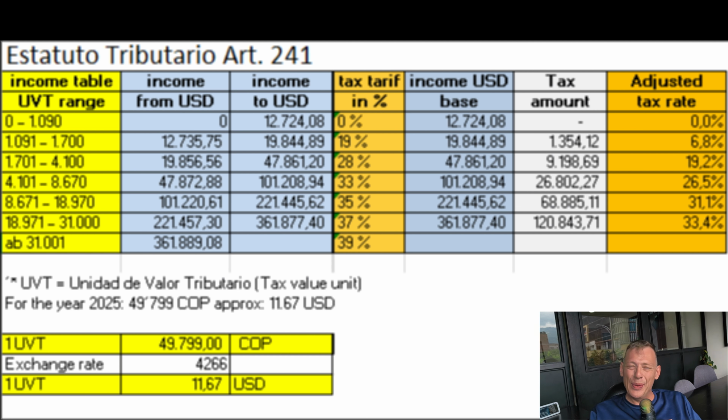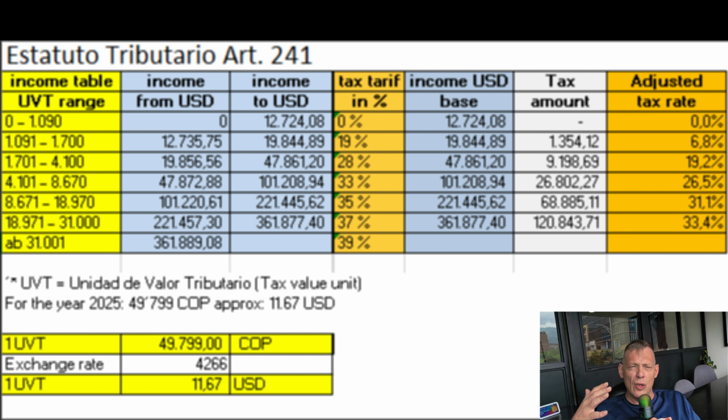But I guess most of you don't have this income, and if you also see in the second line, there is an adjusted tax rate of only 6.8% if you have an income of about 19,000 US dollars. And we are talking about the taxable income.